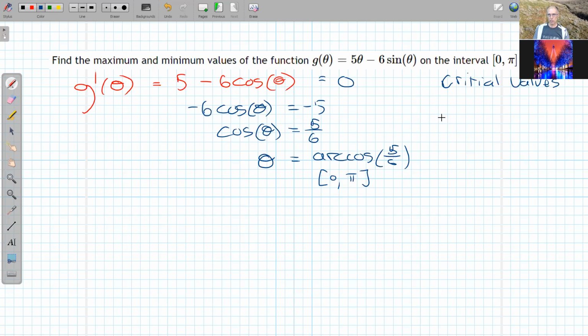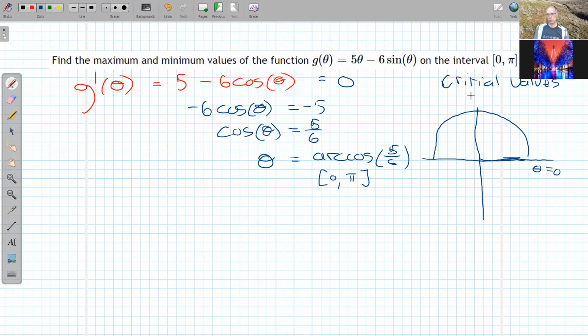So if we look at the unit circle for a minute, I'm just going to draw the top half, and you'll see why in just a sec. Down here is where theta is 0, right? Theta equals 0.